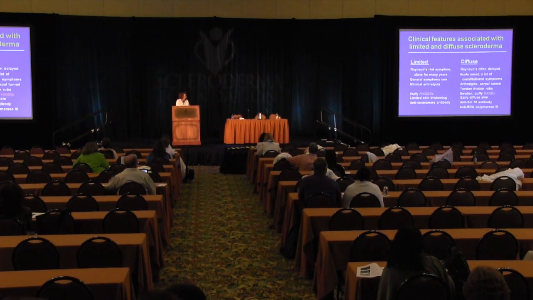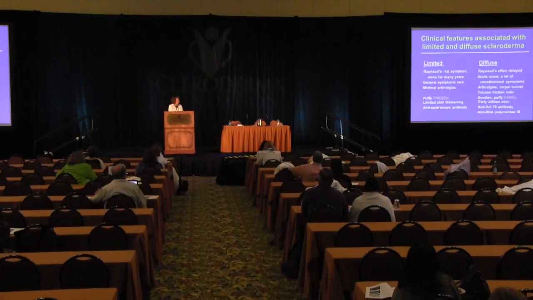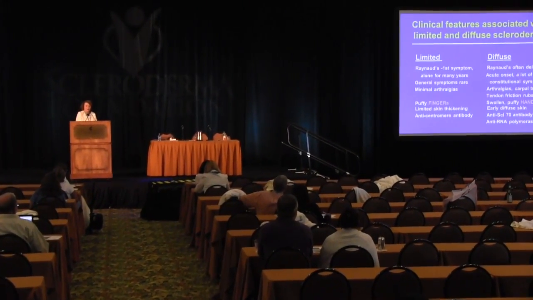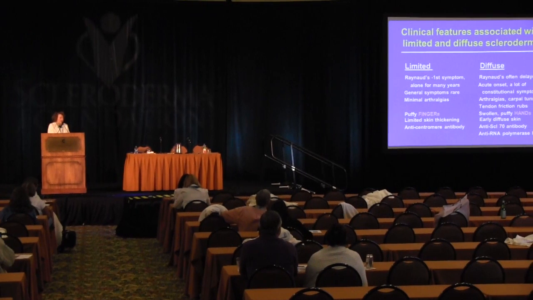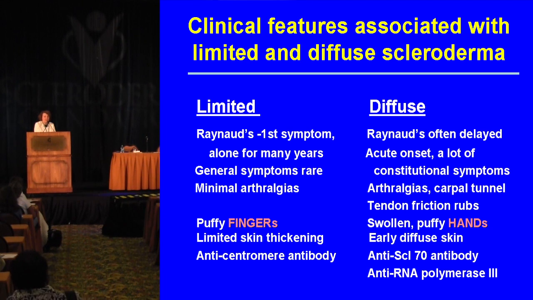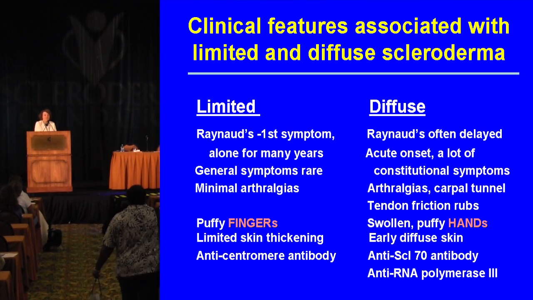They have lots of symptoms, tendon rubs, really very aggressive disease, and they are associated with a couple of autoantibodies. Interestingly, one of those autoantibodies, RNA polymerase III, is associated with a paucity of lung disease. Very few patients have severe lung disease. So in scleroderma, the extent of the skin disease does not correlate very closely with the lung disease.